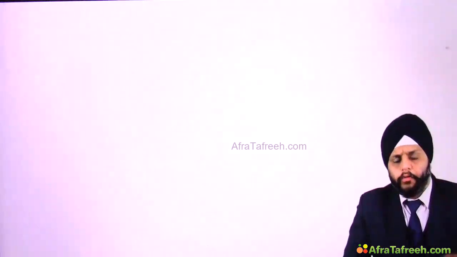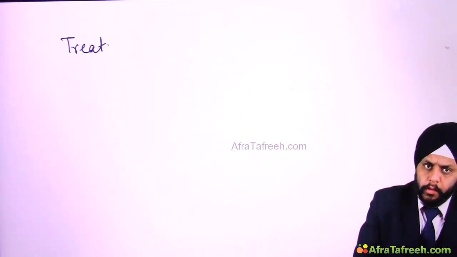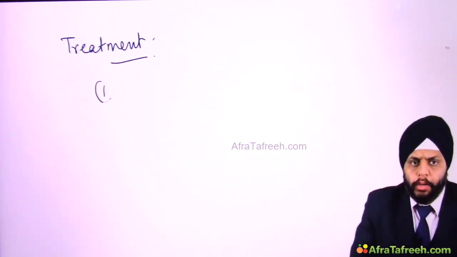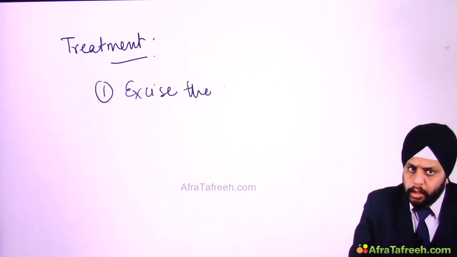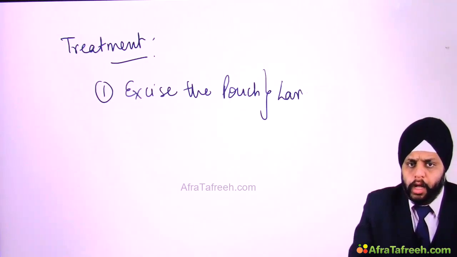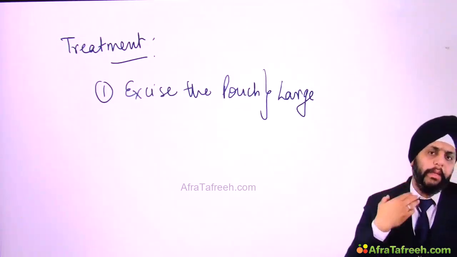Now, for treatment, we have a lot of different options. What options do we have? Number one, I can go and excise the pouch. This option is generally meant for a large pouch. Why? Because you have to do a big neck surgery.